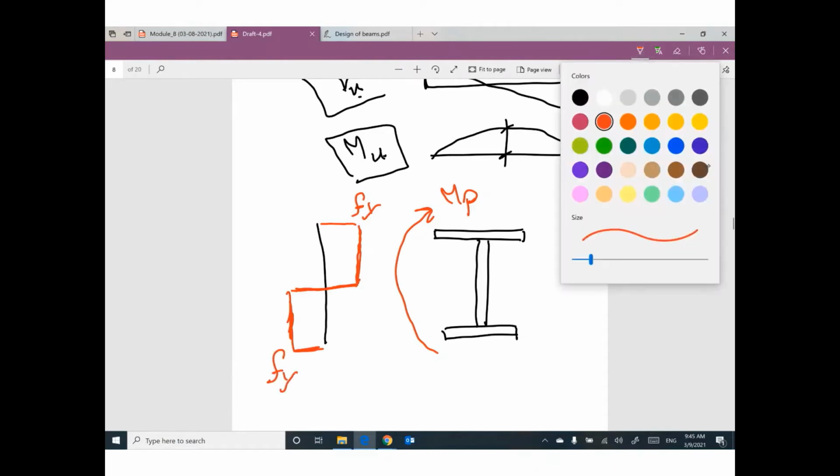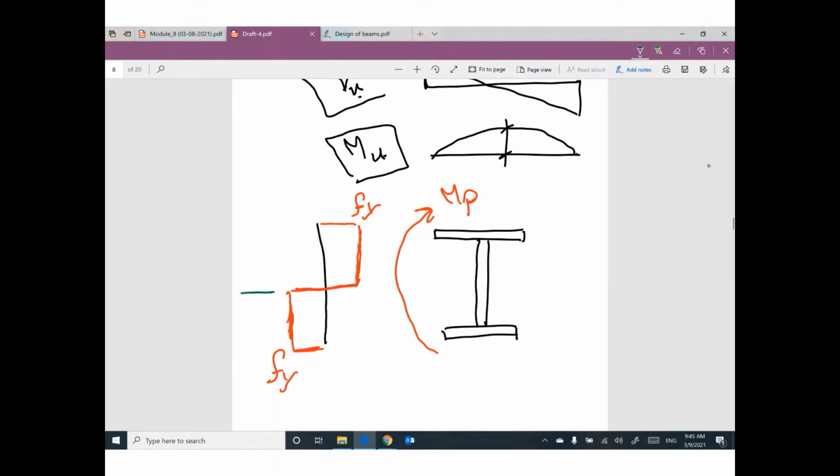The transition between tension and compression, we have a line here. This line can be called the plastic neutral axis. So this part under compression yielded. This part under tension yielded. And this is the stress distribution at plastic moment.